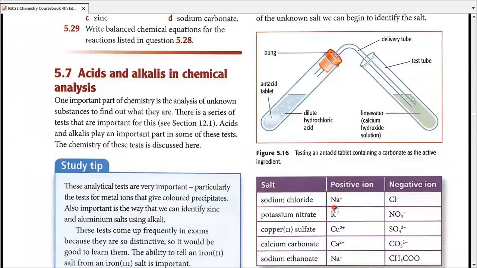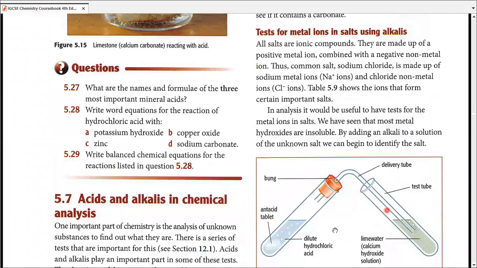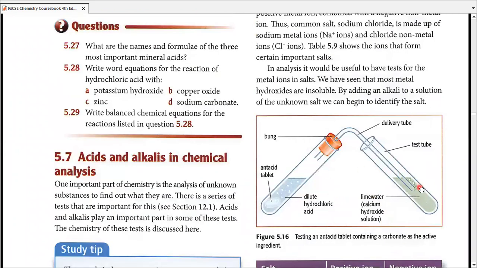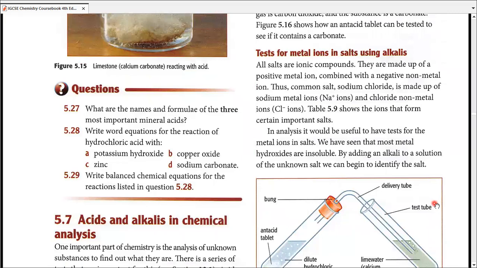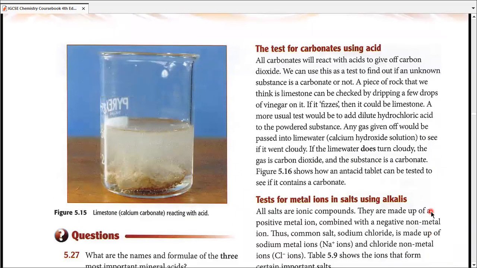This is page number 134. This is the diagram. It's showing that we are taking dilute hydrochloric acid with an antacid tablet, and it's producing carbon dioxide gas, which we are passing through a lime water solution, which is basically calcium hydroxide, and it is turning this colorless solution into a milky or cloudy appearance.